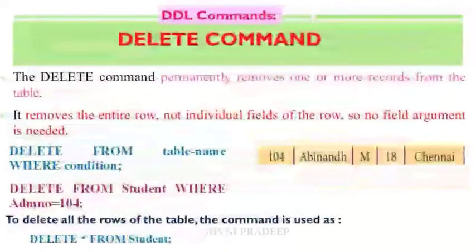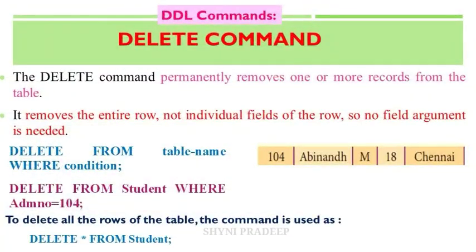Next, let us see about the delete command. If you want to remove one or more records from the table permanently, you have to use the delete command. It removes the entire row, not individual fields of the row, so no field argument is needed. See here, this is the syntax: delete from table name where condition.